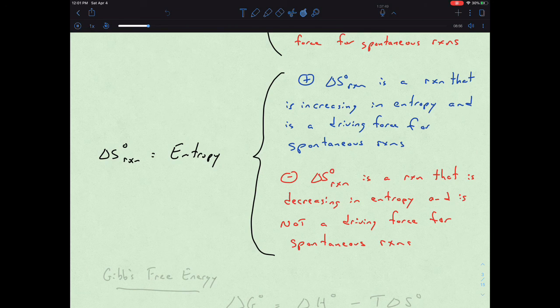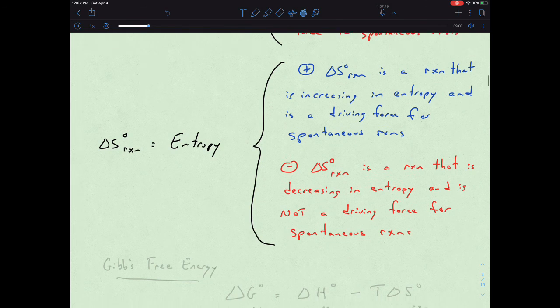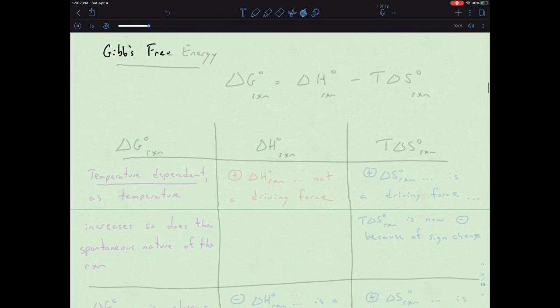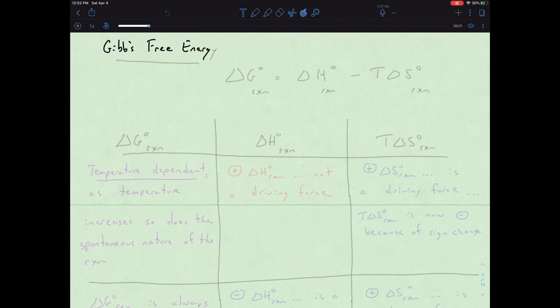So let's go back to, and I'll write it again here, our expression for Gibbs. And let's expand on it a little bit more in terms of the different components and get a little bit more specific, with delta H, delta S, the signs that we just talked about.